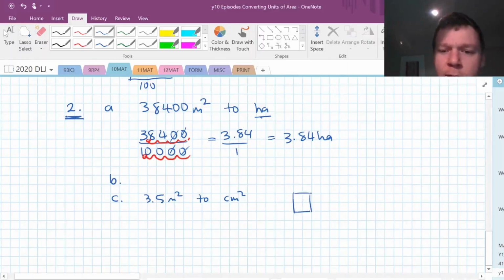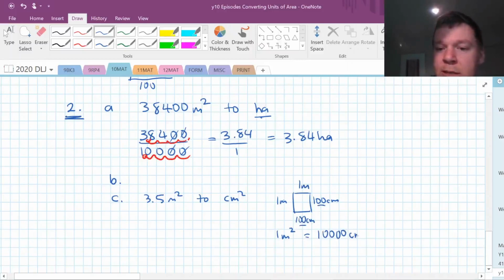If you draw a square, you can put 1 meter on the top, which would mean that you've got 100 centimeters on the bottom, 1 meter on the side, 100 centimeters on the other side. And that means that we can go 1 times 1 is 1 meter squared, is equivalent to 100 times 100. Just count all the zeros up, 4 zeros, 1, 2, 3, 4 centimeters squared. So that is our conversion between meters and centimeters squared.